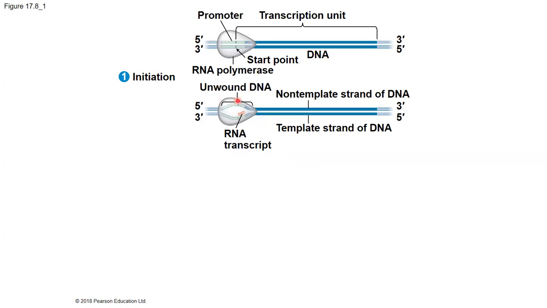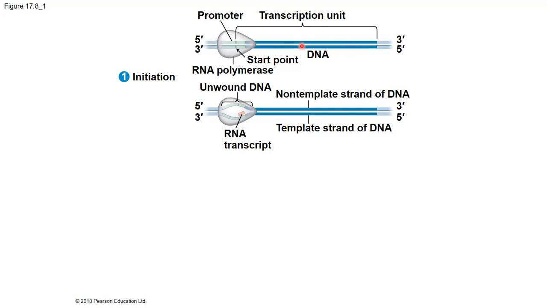So during initiation, the RNA polymerase will bind to a region on the DNA that is before the gene. So this is the gene. It's part of the gene. This is the coding sequence. So the codons are here.